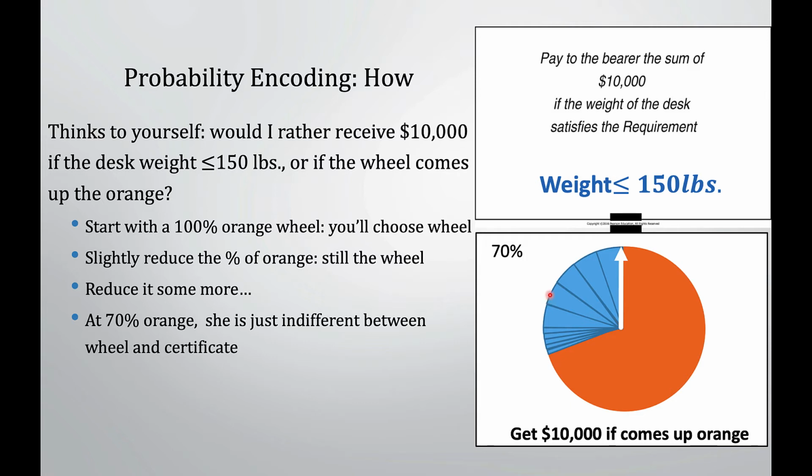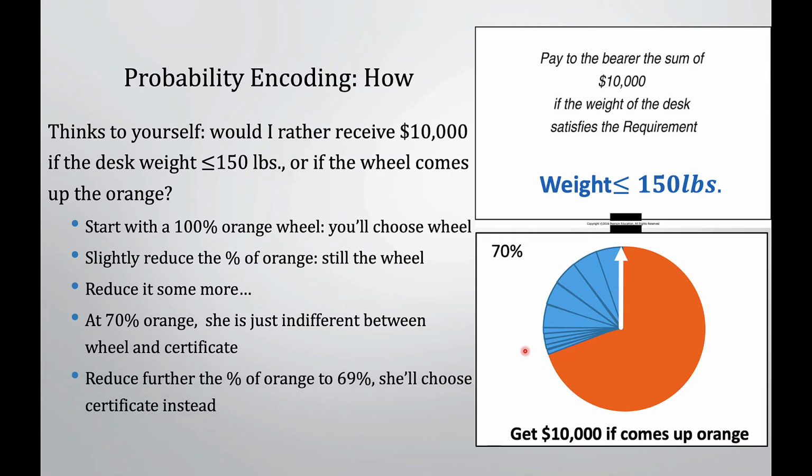Okay, I am indifferent between getting this deal where I receive $10,000 if this happens, versus this one, I will receive $10,000 if the wheel comes up with the orange color, where the orange color occupies 70% of the whole pie. Okay, so this is the equal point. This is the break-even point between this deal and this deal.